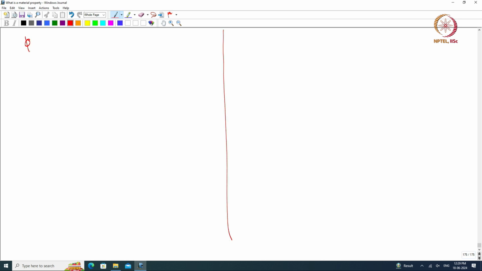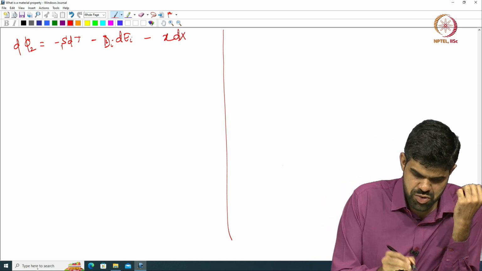Okay. So d phi 2 equals minus s dT, right. So phi 2 is one of the important potentials, minus e_i d(E_i) minus d x, but then I have a small x. Okay. So this is one of my important potentials.